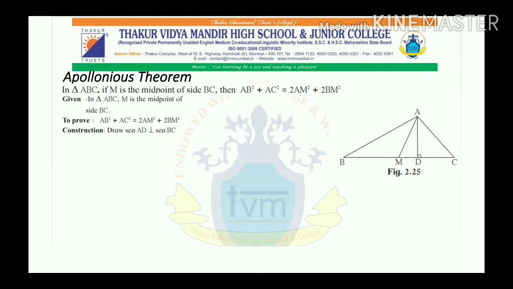Suppose you are given a triangle ABC, M is the midpoint of side BC, then AB square plus AC square, these are the two sides of the original triangle ABC, sum of squares of AB and AC is equal to twice of AM square, which is the median of triangle ABC, plus twice of BM square. BM is half of the third side of triangle ABC, which is not a right angle triangle.